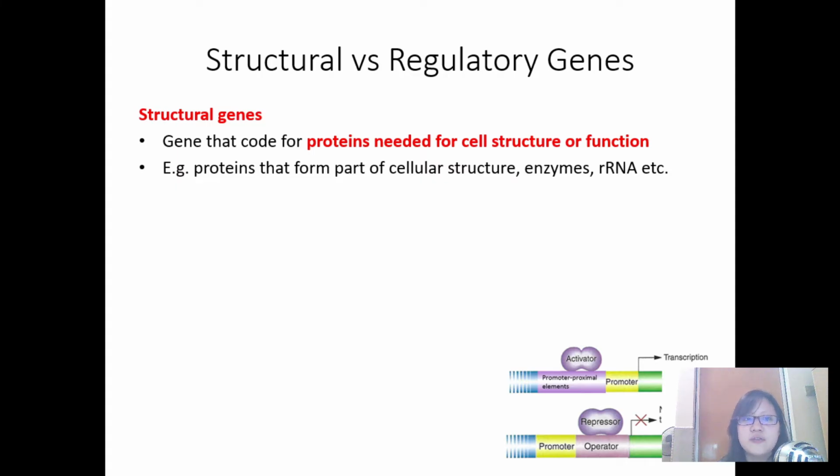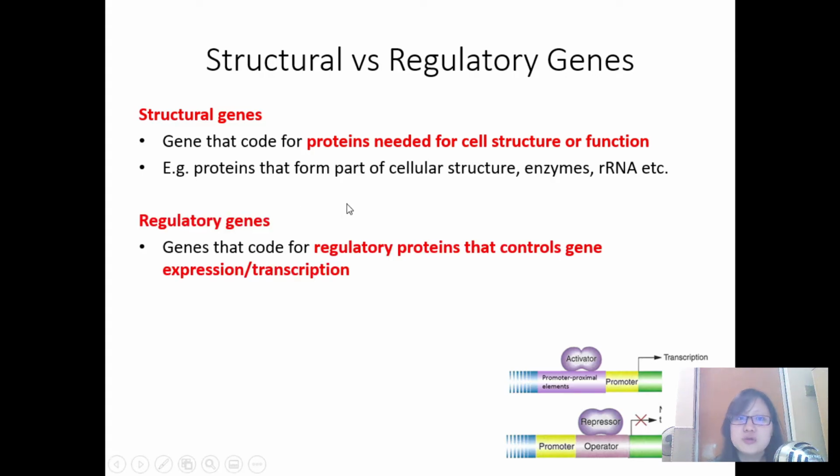These need to be coded for by structural genes. But regulatory genes are genes that also code for proteins, but proteins that control expression and transcription. So a gene that produces a protein which influences other genes. These are regulatory genes, yeah?